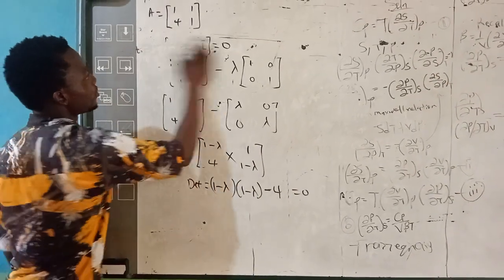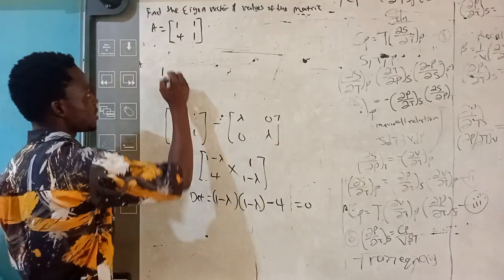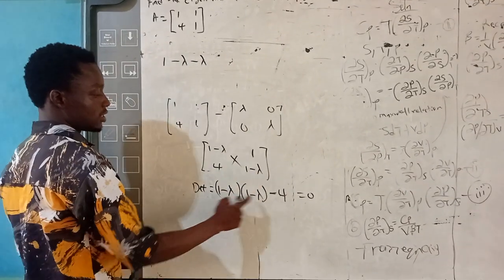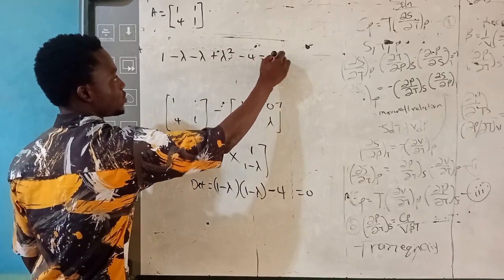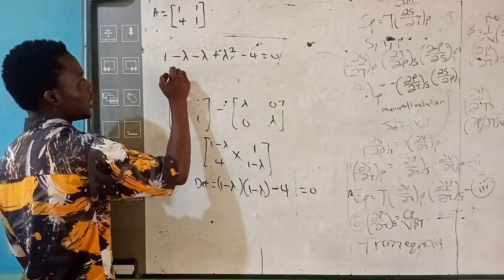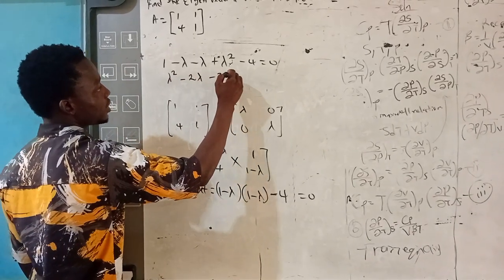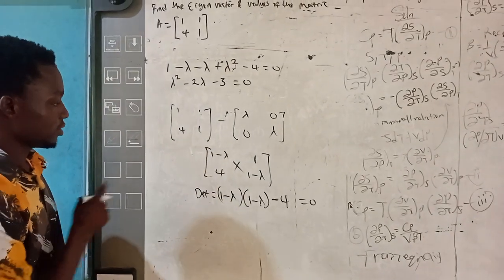So here we have 1 times 1, we have 1. 1 times minus lambda, we have minus lambda. This also gives us minus lambda. This times this we have plus lambda square, minus 4 equals 0. So here we have lambda square minus 2 lambda minus 3 equals 0.